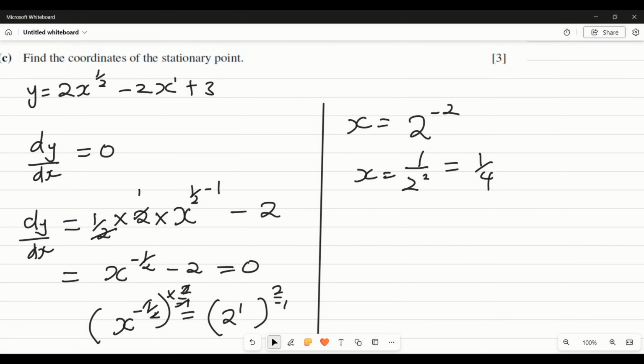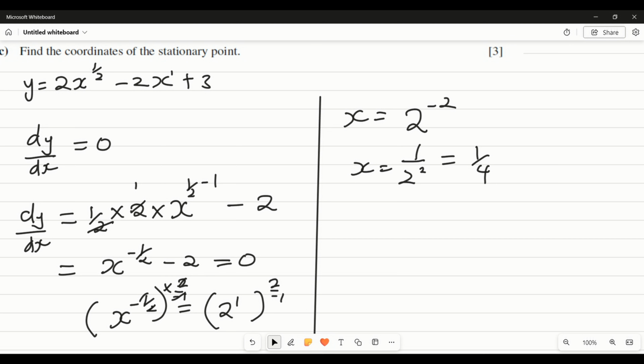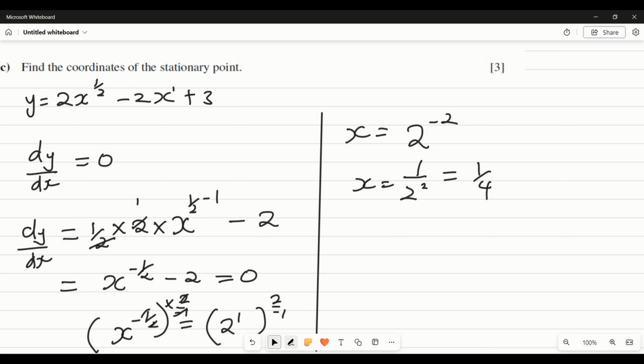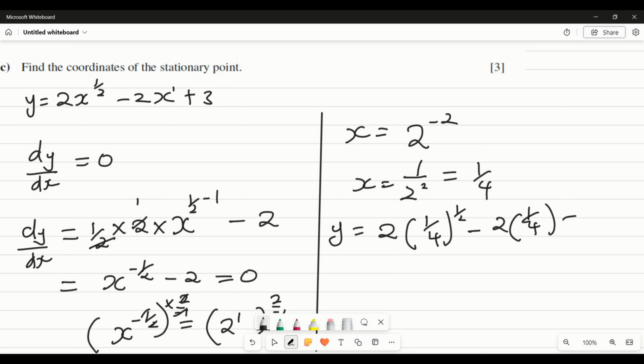So for the y coordinate, we substitute in the y function. Our y value would be 2 into bracket a quarter to the power of a half minus 2 into bracket a quarter, then plus 3.